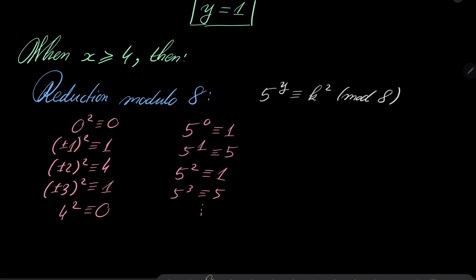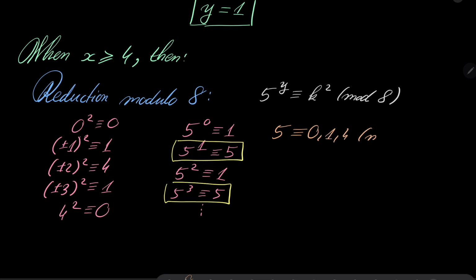And now we see a problem, because remember that y is odd, so the number right here must be congruent to 5. But 5 is not on the list on the left hand side. So in this case, we have no solutions, because we must have 5 congruent to 0, 1, or 4 modulo 8. None of this is true. No solutions.